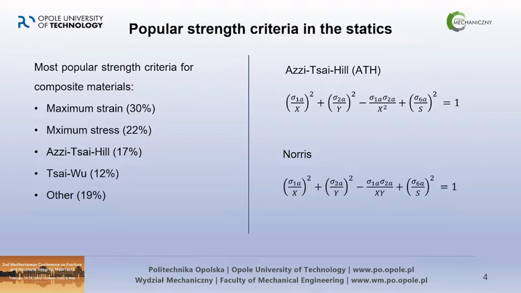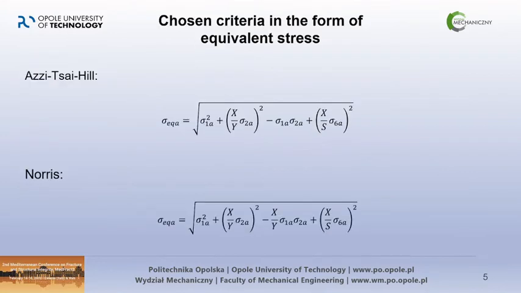However, it is often used, and sometimes people even use the Norris criterion and call it the Azzi-Tsai-Hill. The difference is just in one place in this equation, as you may see here. We chose those two criteria and we analyzed them.